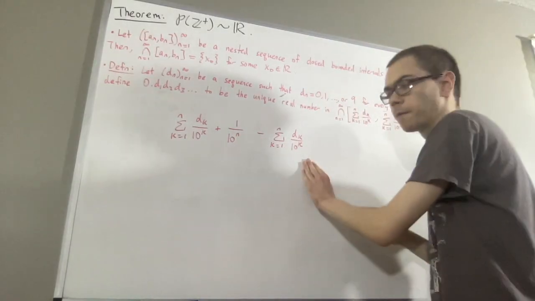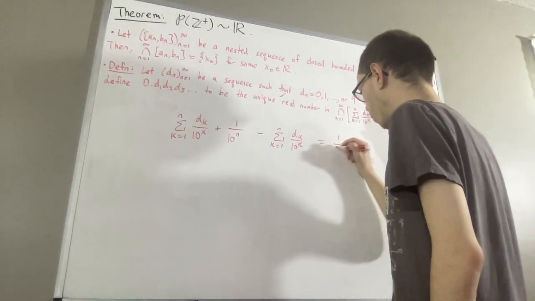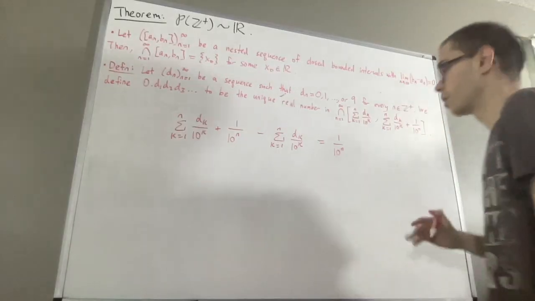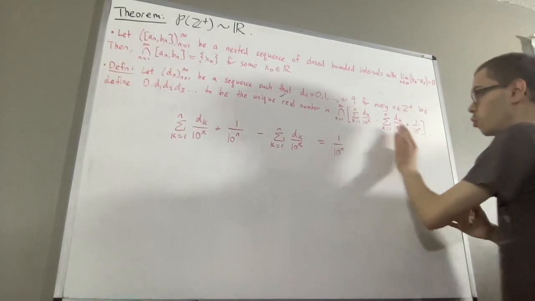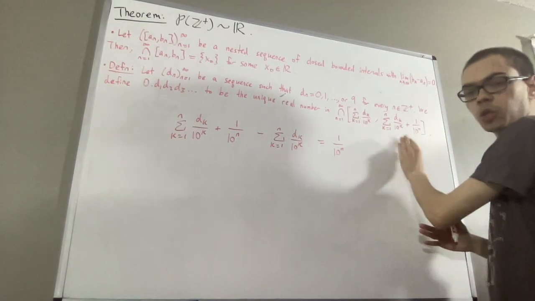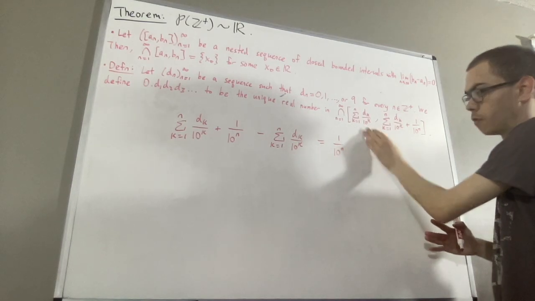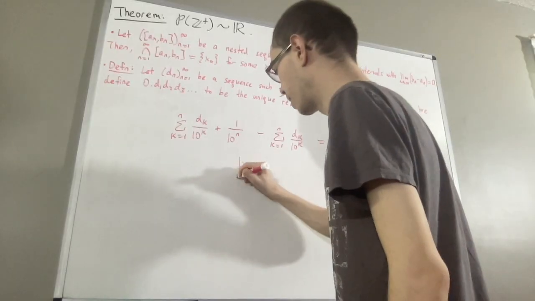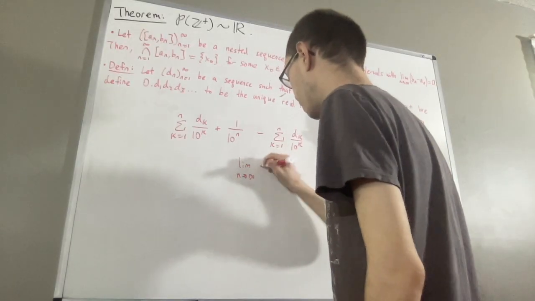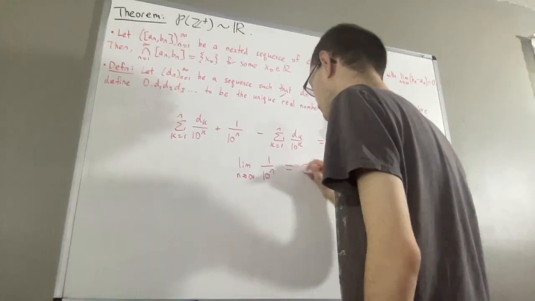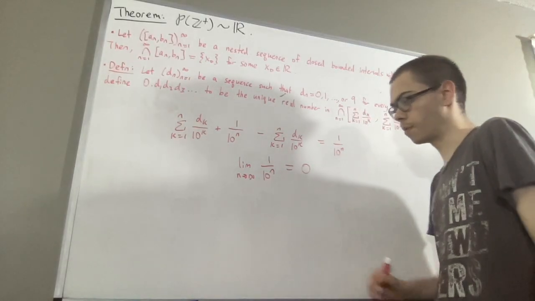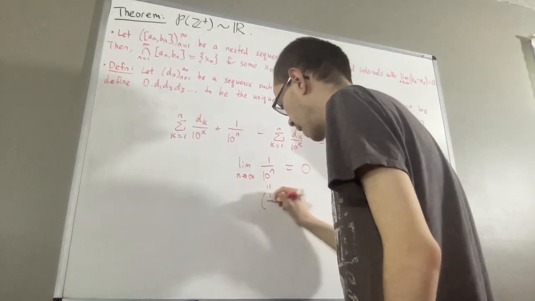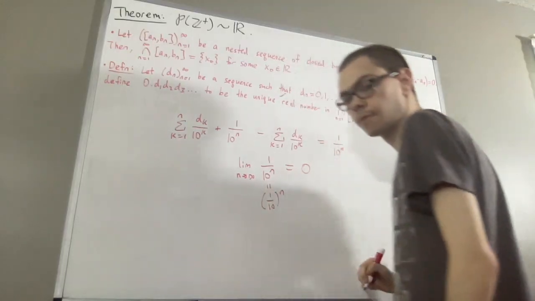then this is what we have. But that's precisely 1 over 10 to the n. So, the difference between the two endpoints in any closed interval that we have here will be equal to 1 over 10 to the n. So really, we're asking ourselves about the limit as n approaches infinity of 1 over 10 to the n, but that's clearly equal to 0, right? Because this is really just (1/10) to the power of n.